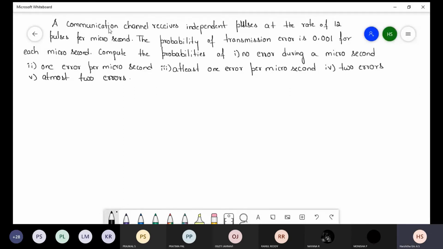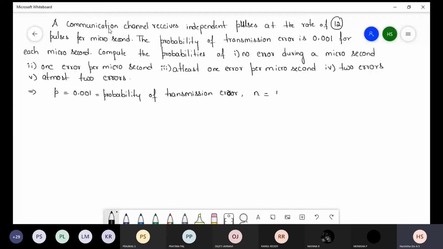Now, first we have to find out the mean value, that is m. So whatever they have given, we have to write p is equal to 0.001, that is the probability of transmission error. Next, n they have given is 12.